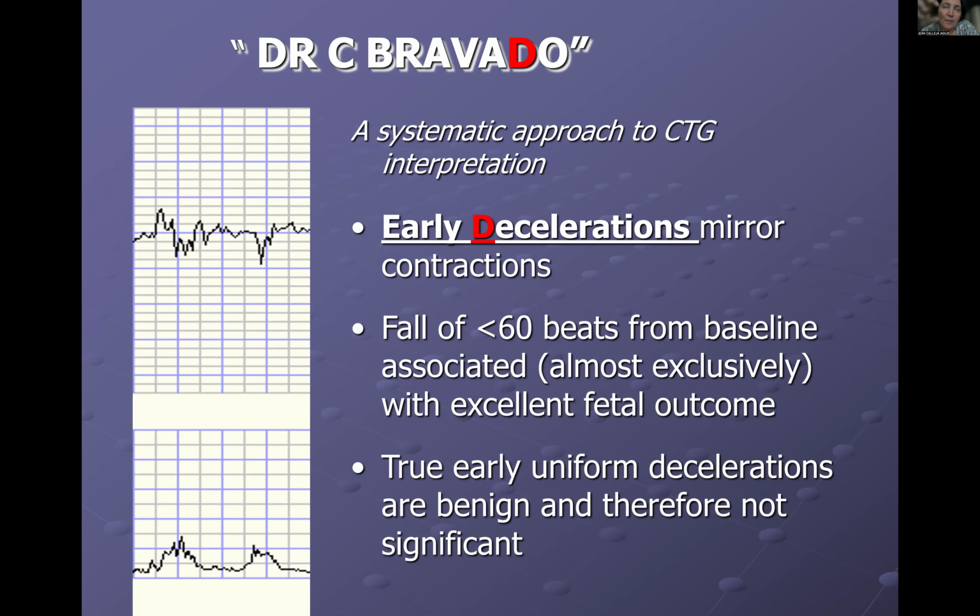As the baby is very well engaged and about to start crowning, there is of course pressure on the head, and it is considered a normal physiological reaction. Not all babies have early decelerations, but if they're there, especially if there has been a quick descent, or she's pushing, that is okay if you see them. You don't need to intervene or to expedite the delivery.